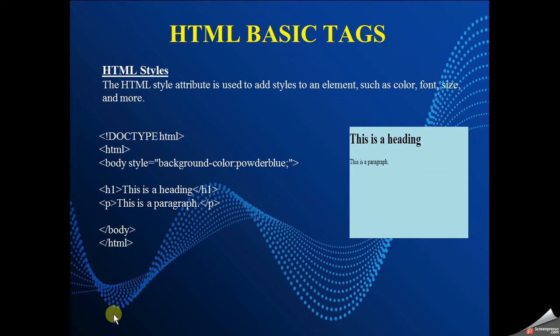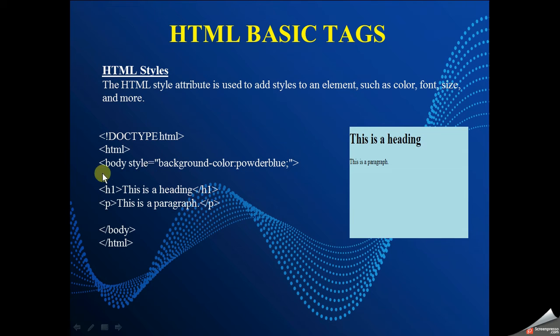Now see this program, I am writing HTML, then body, and body close, HTML close. On the body we are writing style. This style means what the background color will be, what the font size can be, what the foreground color will be. The style attribute simply gives this extra information to your web page.